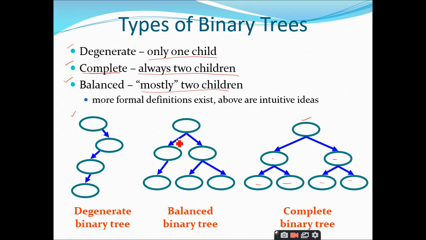Here how many nodes are there in the left part of this root node? 2. And in the right part of this root node we have 3. So almost equal: the number of nodes in the left subtree is almost equal to the number of nodes in the right subtree. Such trees we call balanced binary trees. Is it clear?